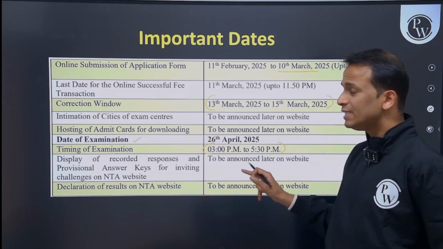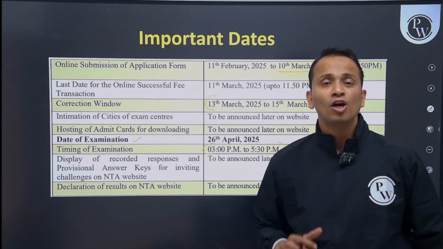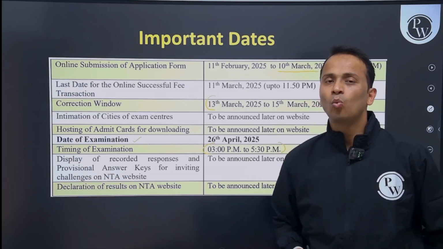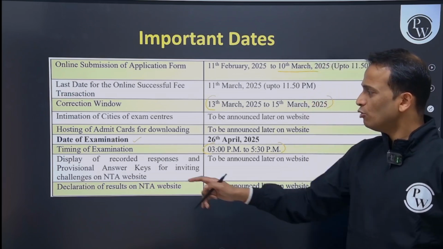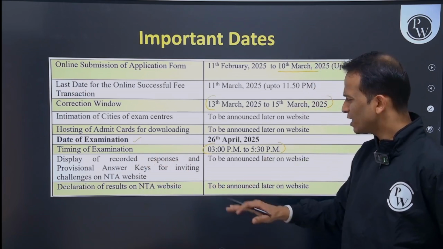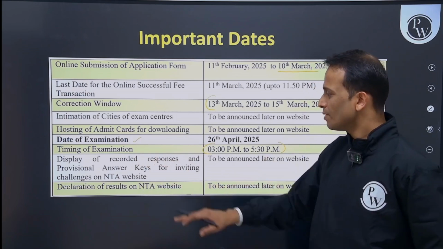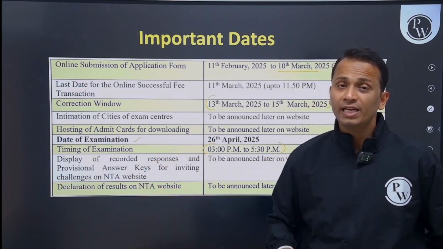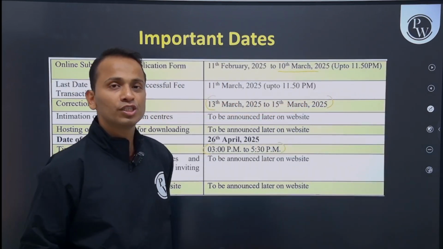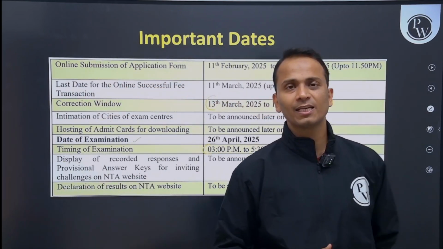So you can already see that this examination is going to be of the duration of 2.5 hours, that is 150 minutes. Now display of recorded responses, answer keys and so on, again इसका date announce नहीं हुआ है. And declaration of result on NTA website, इसका भी date announce नहीं हुआ है. So you can stay tuned to the official website for these dates later on.